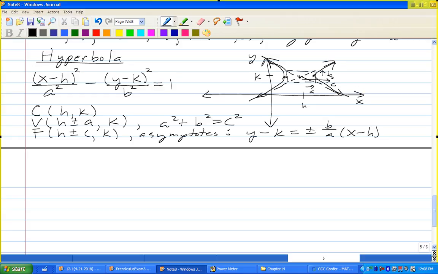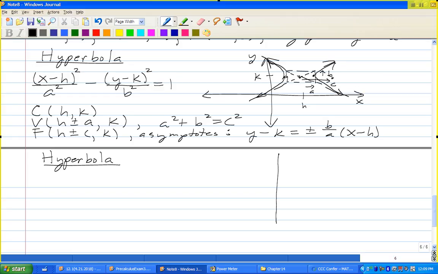Okay, and then the other hyperbola, so you have some bounding rectangle.